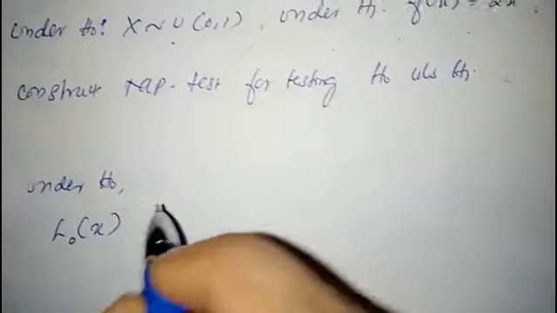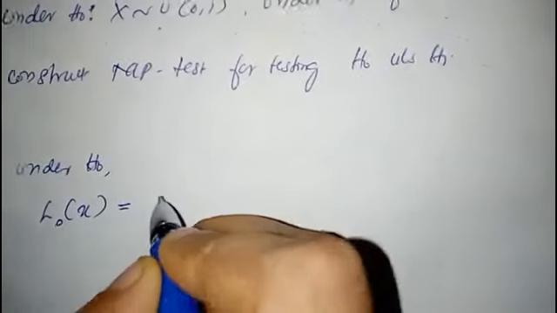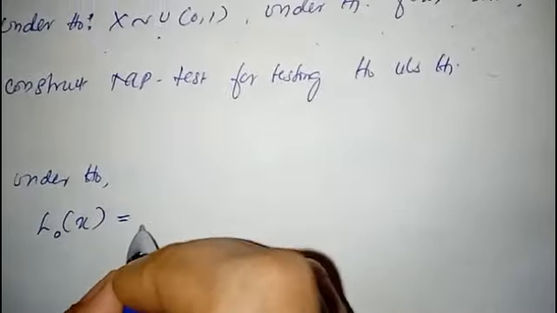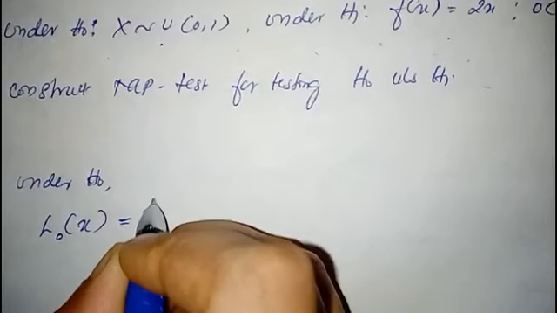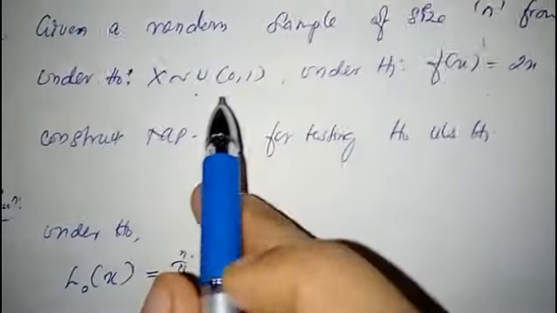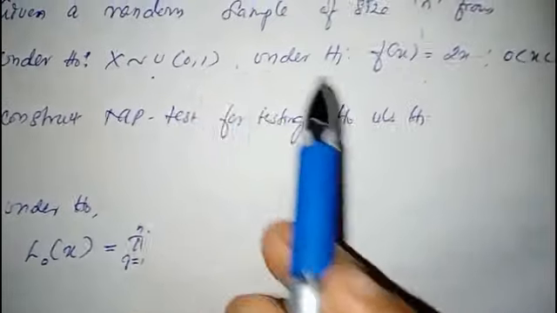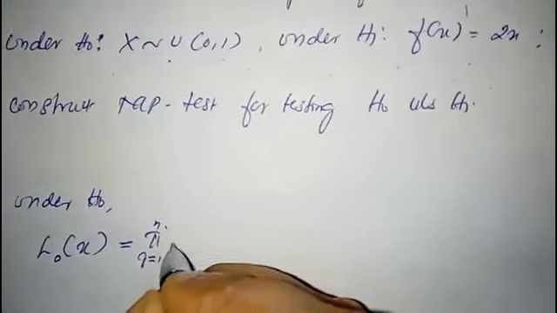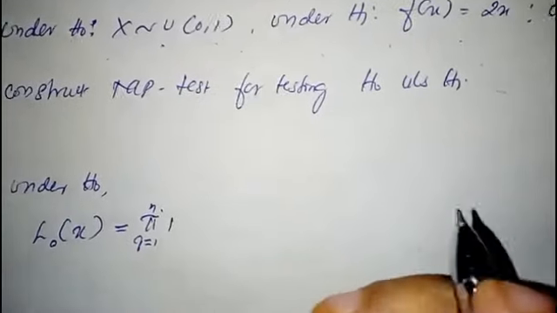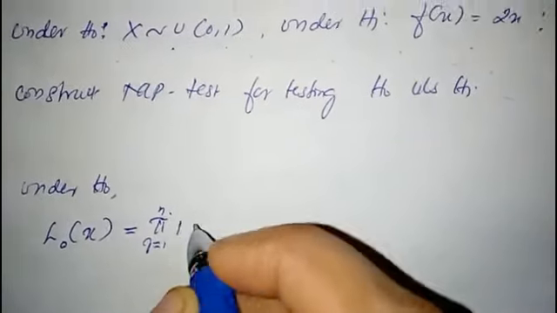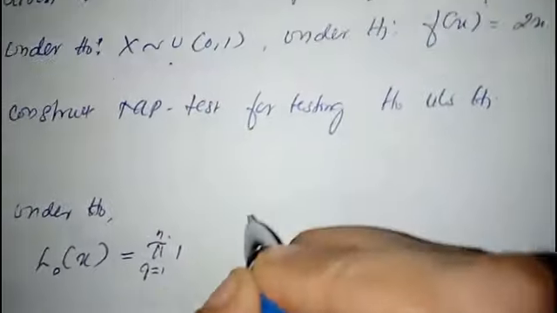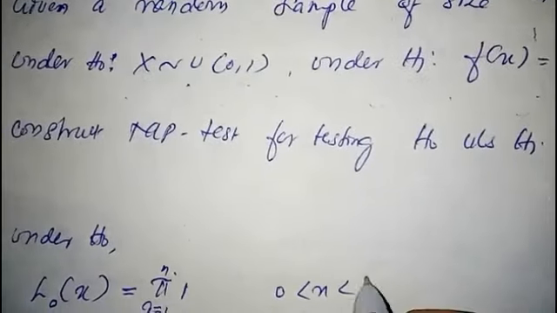L of x under H0 is the product from i = 1 to n of f(x). Here, for uniform(0, 1), the density is 1, so the product from i = 1 to n of 1, for 0 < x < 1.